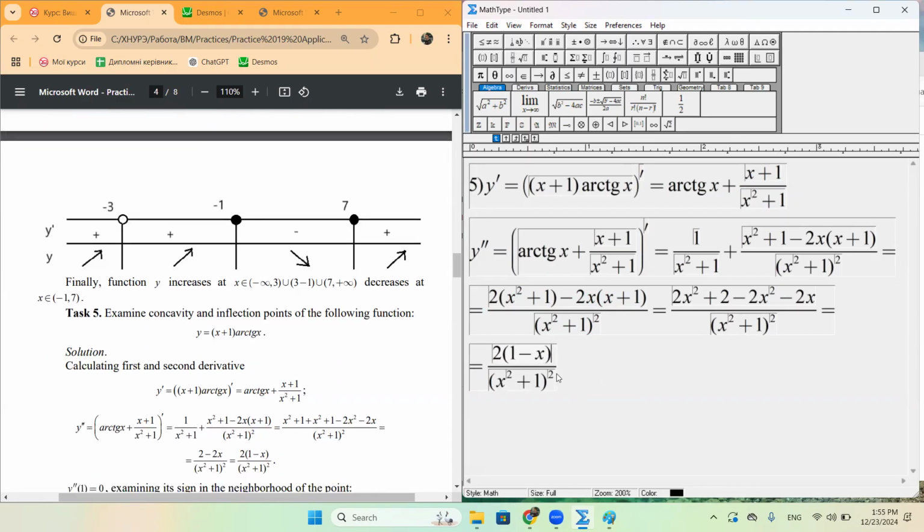Yeah, so it matches. And now we need to investigate the function. So we need to solve this equation: when y double prime equals 0, and basically it equals 0 only if x equals 1.